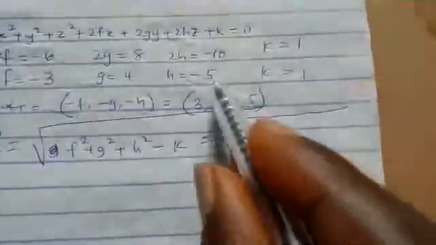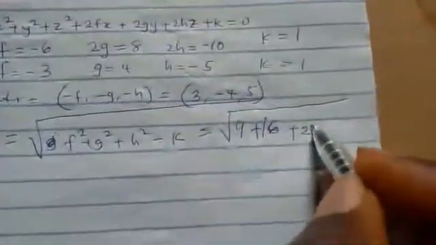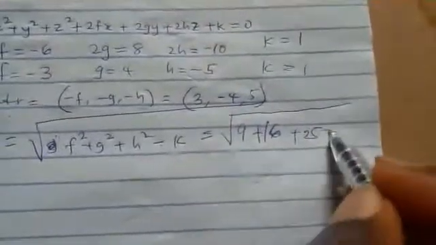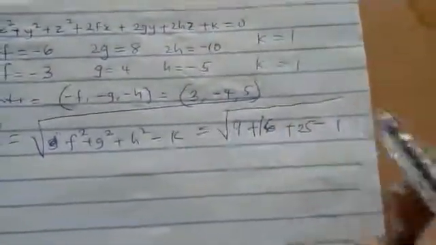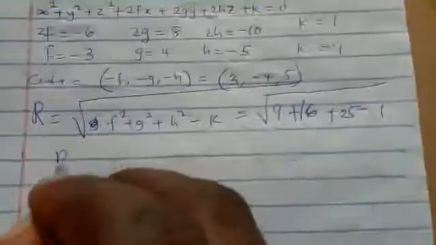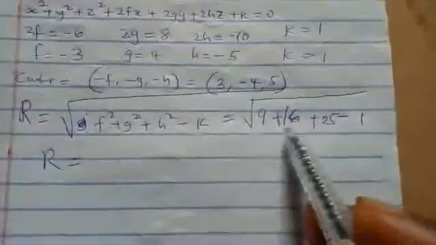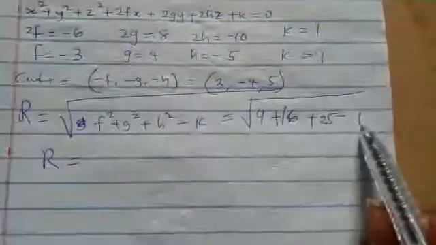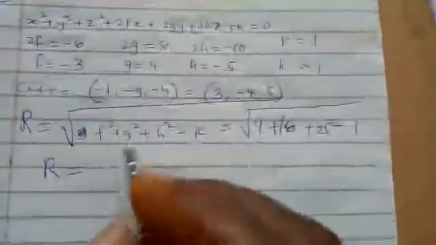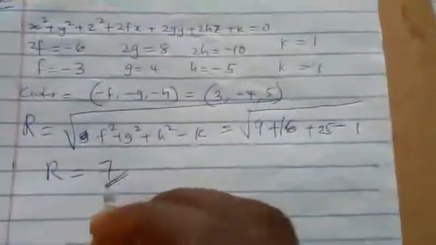We know our h squared will be what? That is 25. Minus k, our k is 1. So from this place, we can now find the value of our r. By the time we simplify, this is 9 plus 16 plus 25, 50 minus 1, that is 49. Square root of 49 is 7. So the radius is 7.